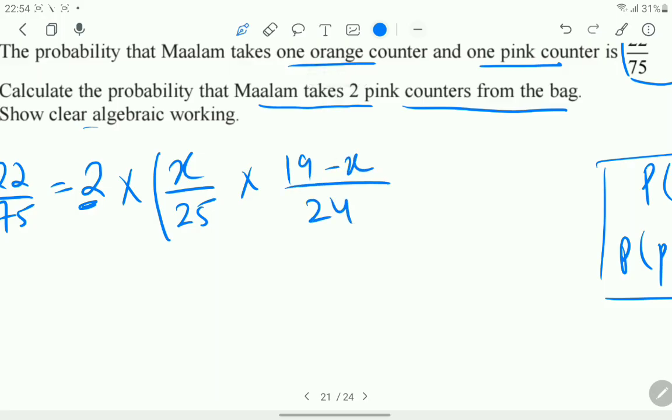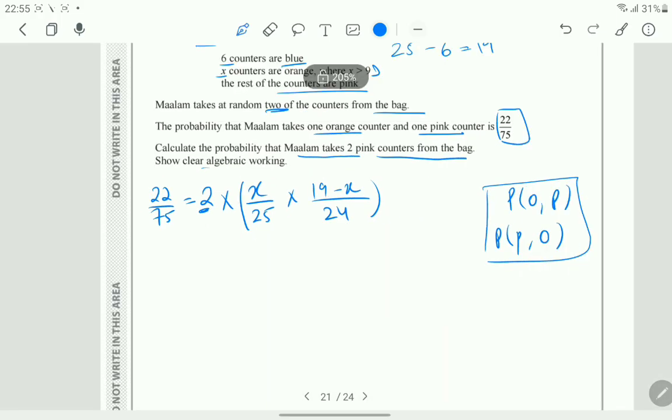Now notice why I didn't put 25. Instead I put 24 over here, because she has already picked a counter from the bag and she is picking without replacement, so she has one less option to choose from now. If she was picking with replacement, then the denominator would stay 25. So take care of this in your exam.